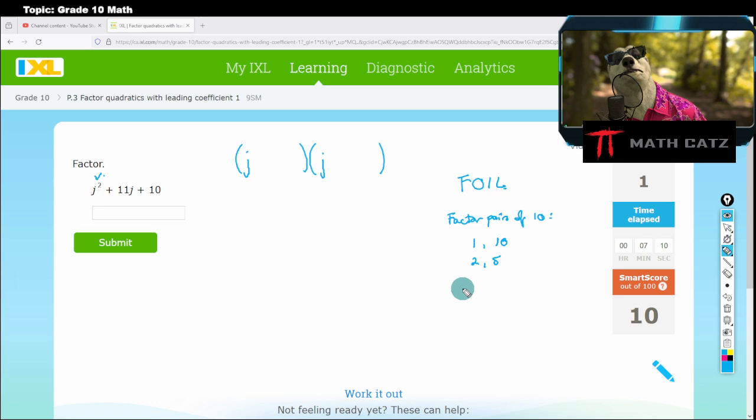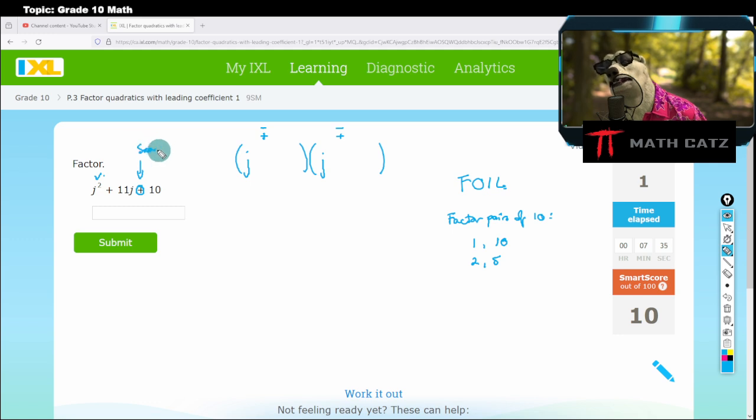So those are my only two. So I'm quite limited because it has to be a factor pair. So one of them is going to go in here. 1 and 10, 2 and 5, not sure which one yet. But I know, based on this plus here, that the sign has to be either a positive in both or a negative in both. They have to be the same.